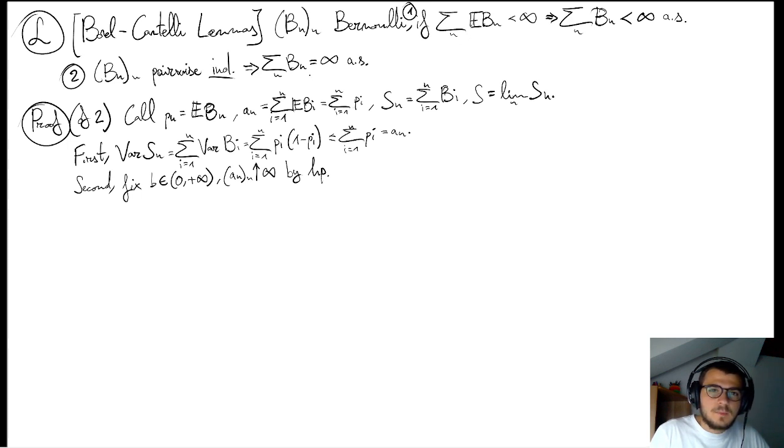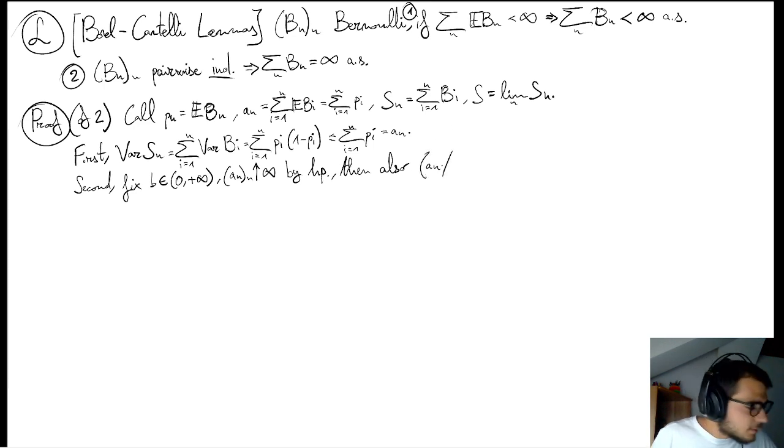Well, then also we have that An over the square root of B times An is increasing to infinity.